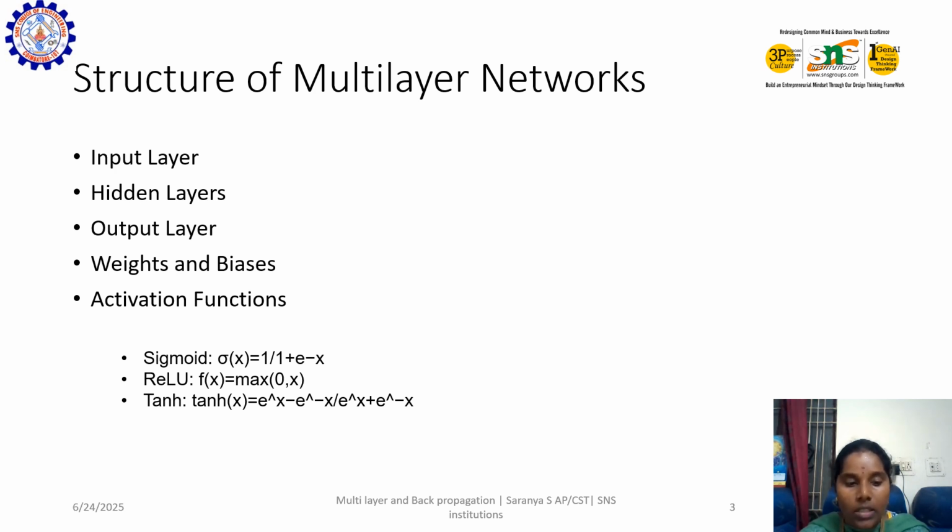Then the third one is the output layer. The output layer produces the final output, such as probabilities for classification or continuous values for regression. Then the fourth one is the weights and biases. They are parameters that transform the input as it passes through the network.